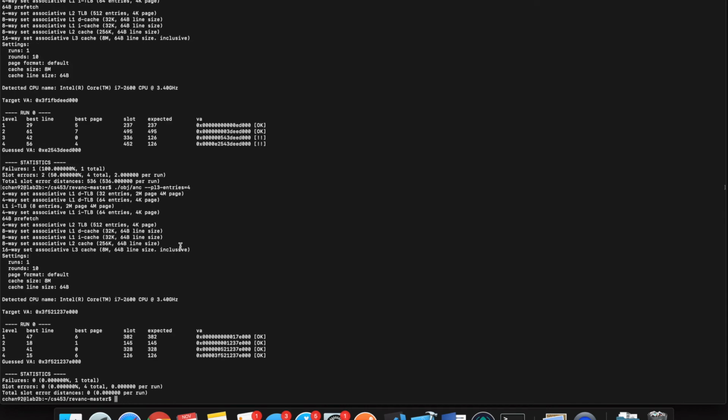And yes, as you can see, now we get 0 failures and 0 slot errors. This is completed now, so we've retrieved quite a bit of information on the architecture, and this also allows us to run a script that they provided us with, which will create a graph with cache line offset in the page table on the x-axis and consecutive pages on the y-axis, and you run that via.